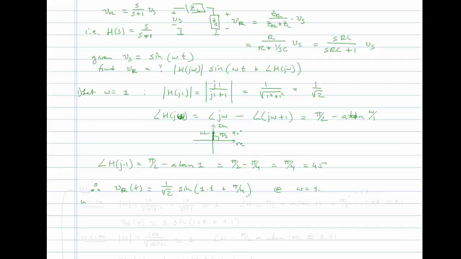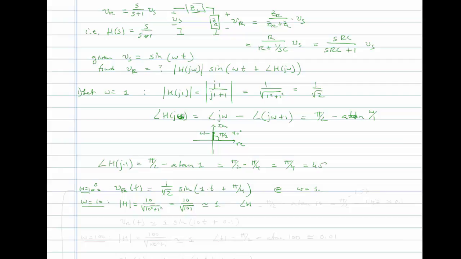What about omega equal to 10? At omega equal to 10, the magnitude is going to be 10 over the square root of 10 squared plus 1 squared. So that's 10 over the square root of 101, which is approximately 10 over 10, or 1.